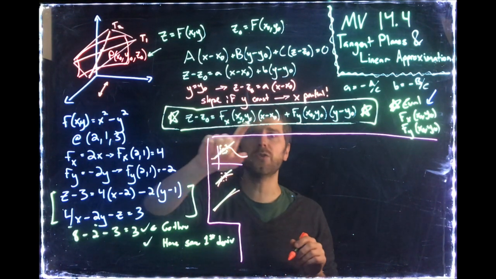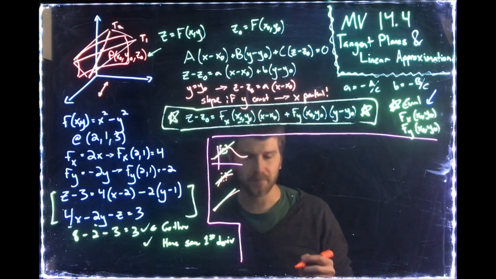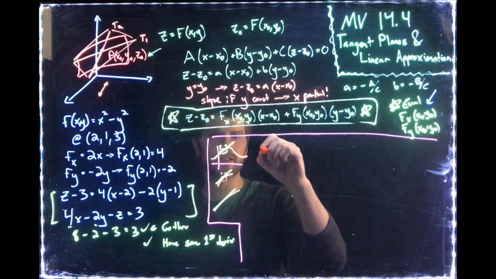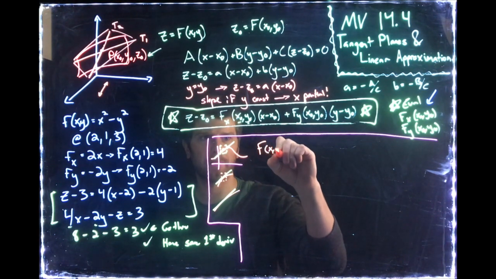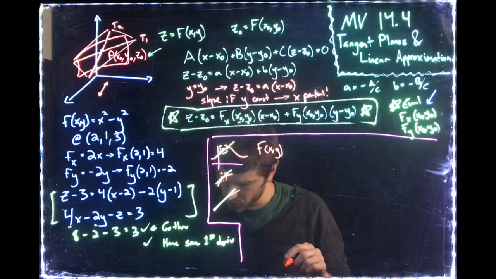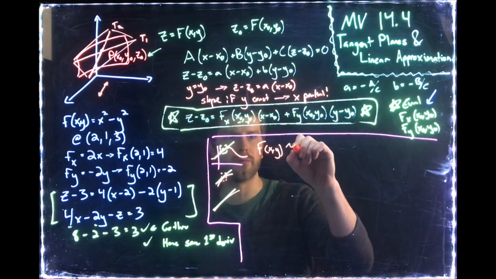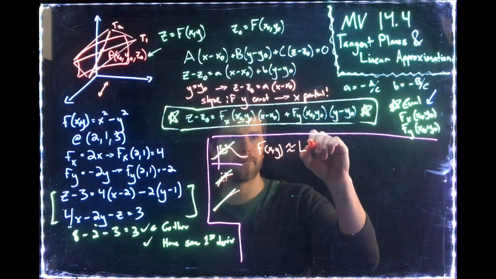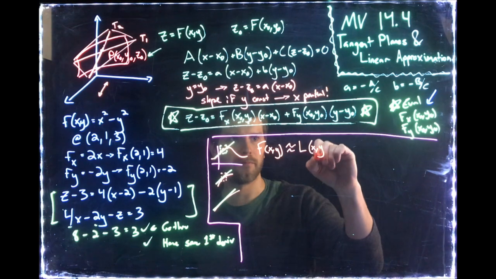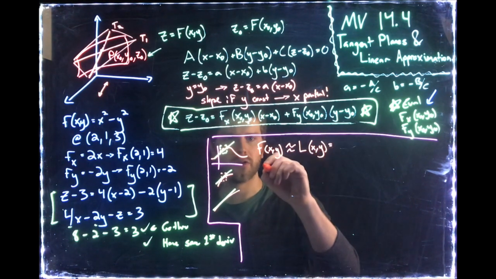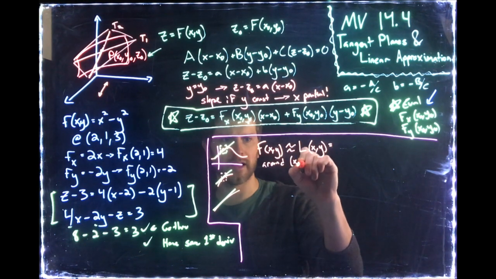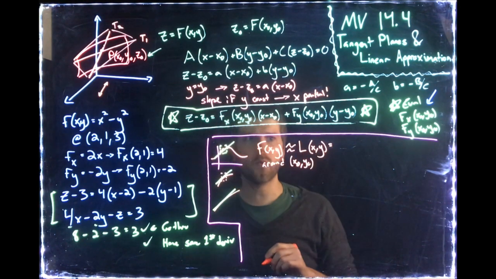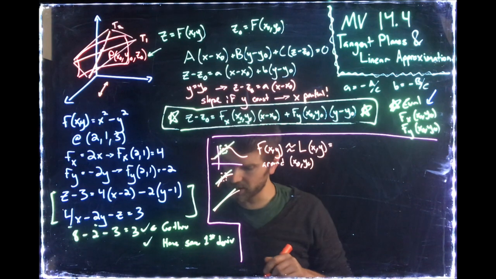In this case, we're going to use a modified version of this equation. We're going to take some function f of x, y, and approximate it around the point x0, y0, using this function L. The way that we're going to approximate it looks very much like this.